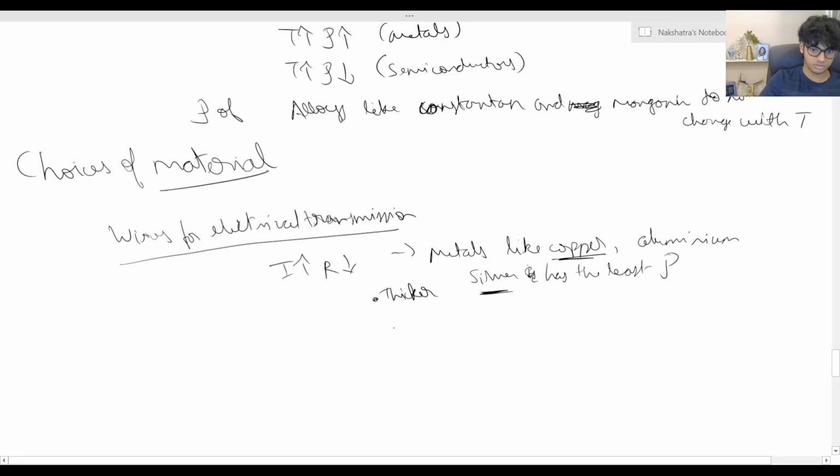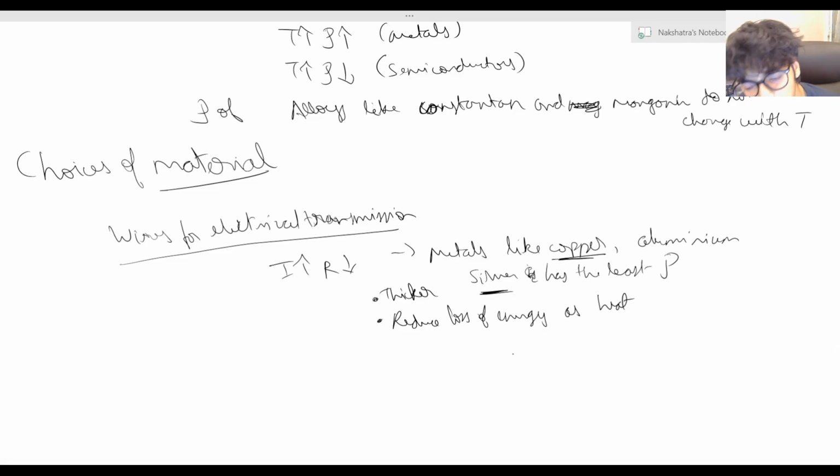And because resistance is less, it will reduce loss of energy as heat. Resistance is less, which means collisions are less. Collisions are less, so the loss of energy in the form of heat also becomes less, and more current will be able to reach our houses.